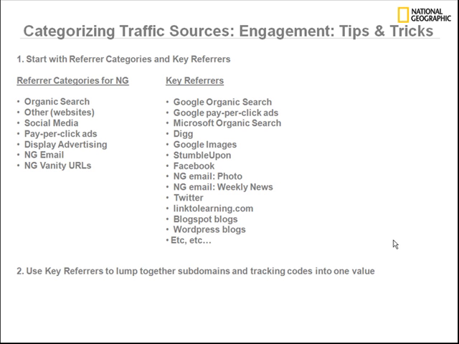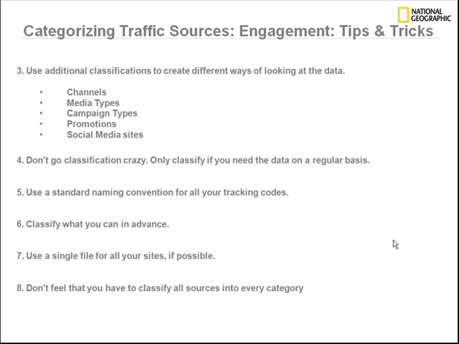I like this Key Refers report because many sites like StumbleUpon report thousands and thousands of unique subdomains to our standard refers report. And so this allows us to classify all those values along with any tracking codes from advertising that we've done on StumbleUpon into just one single value, so we can see traffic from StumbleUpon over time and how that audience is interacting with our site.